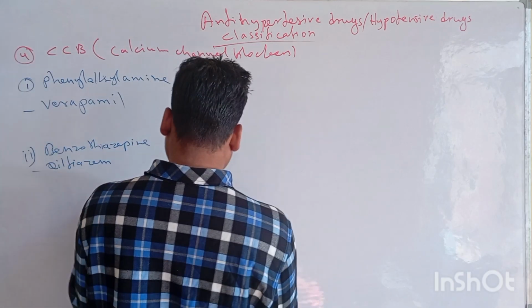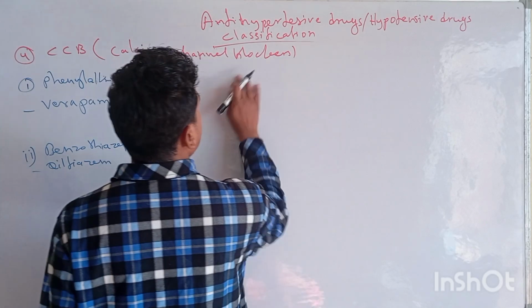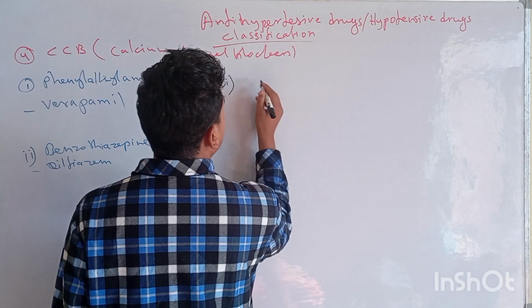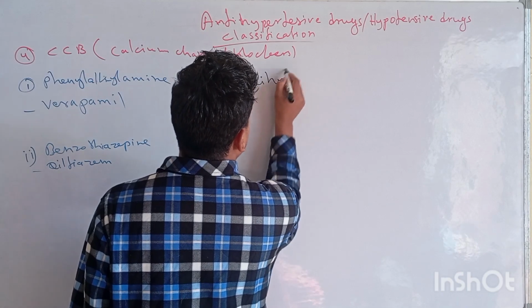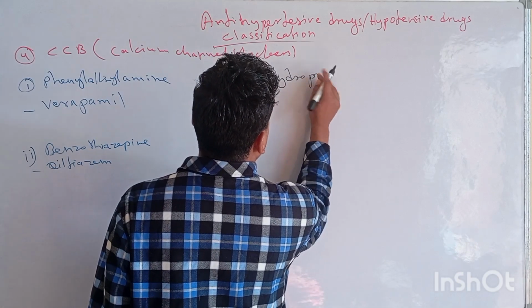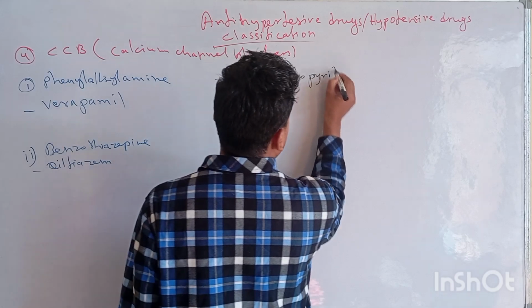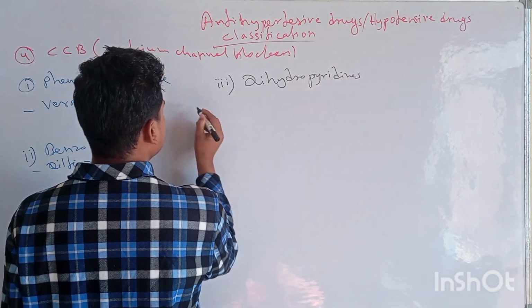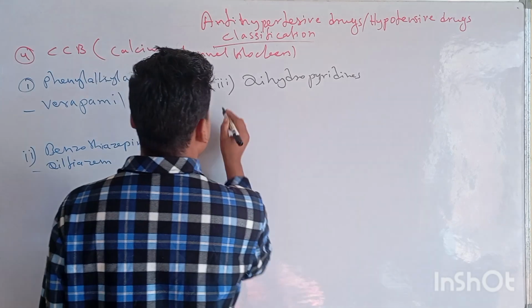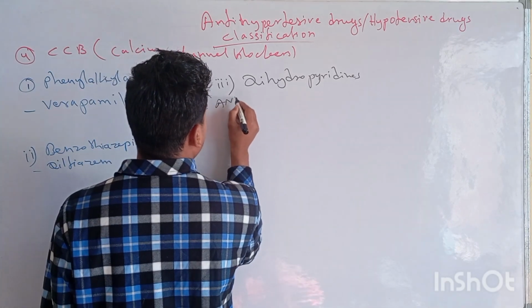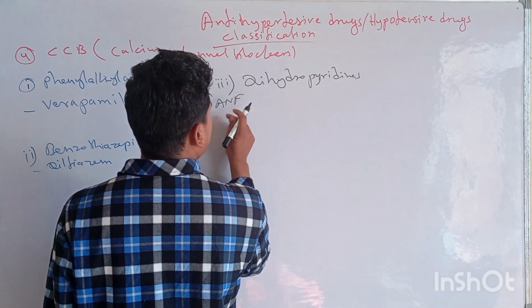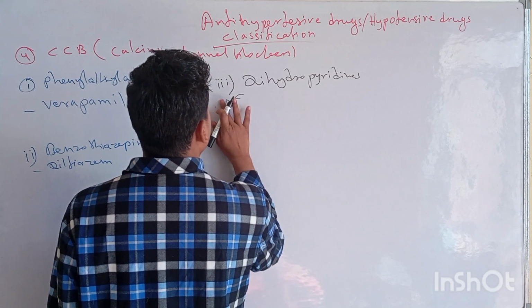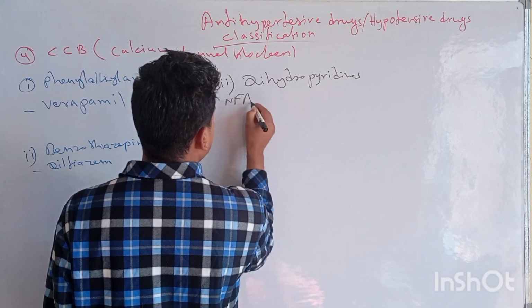And other categories will be number 3, dihydropyridines. Here are many examples. Remember as NIFABENILALICI, like this.